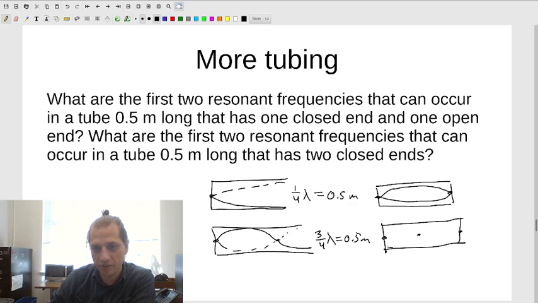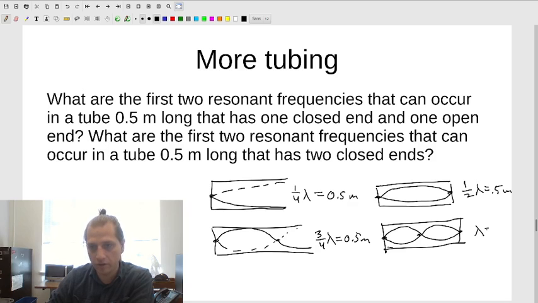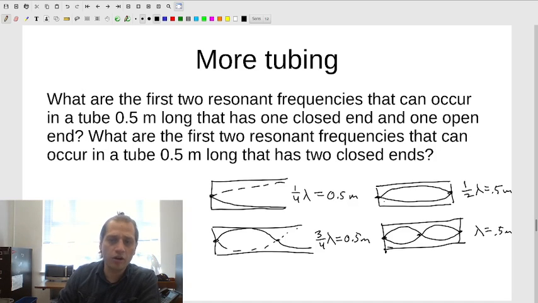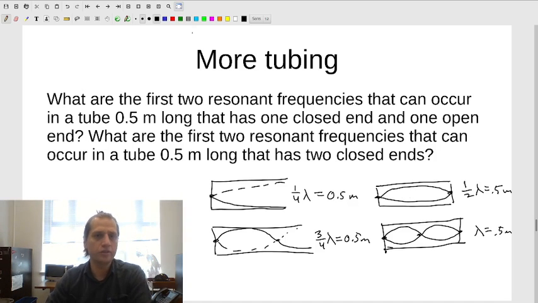So this is a little bit tricky. I would not give you this question because that's not one of our standard examples. So this one would be 1/2 wavelength equals 0.5 meters, and this would be wavelength equals 0.5 meters. So in each one of those cases, I like drawing the picture and solving it out, but you could probably do it with the equations if you're clever.